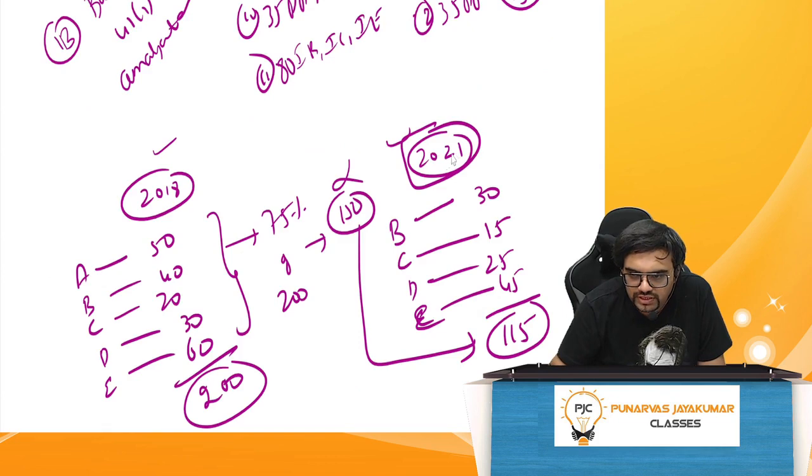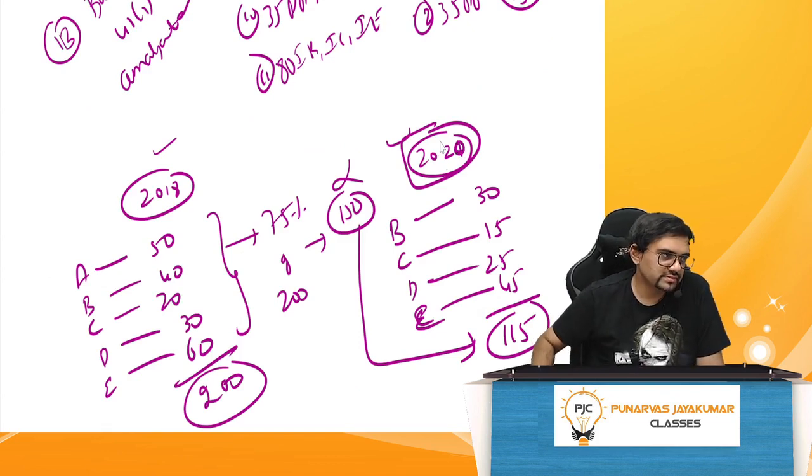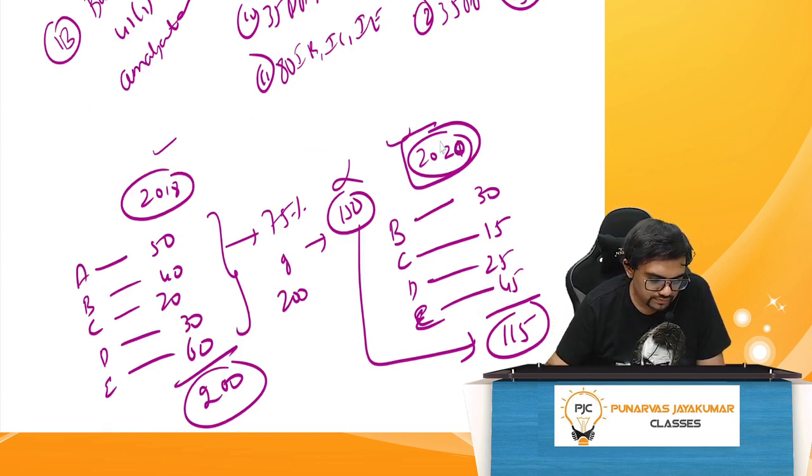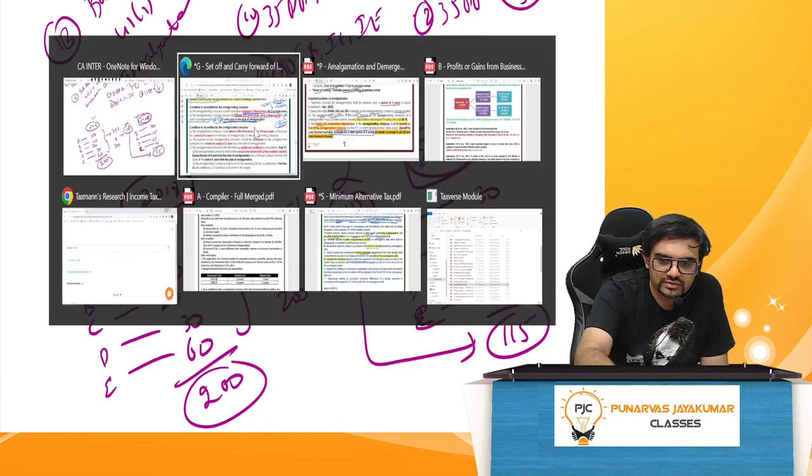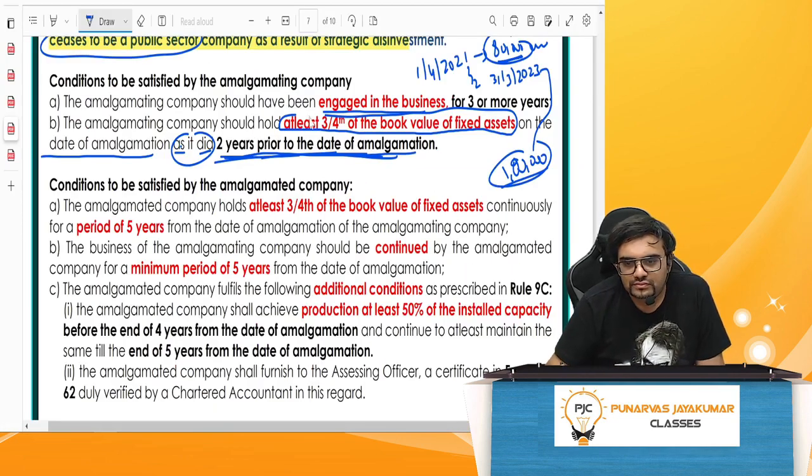So I'll make this 2020, 2 years prior. What are they trying to tell? 3/4 of the book value of the fixed assets on the date of amalgamation as it did 2 years prior to the date of amalgamation.